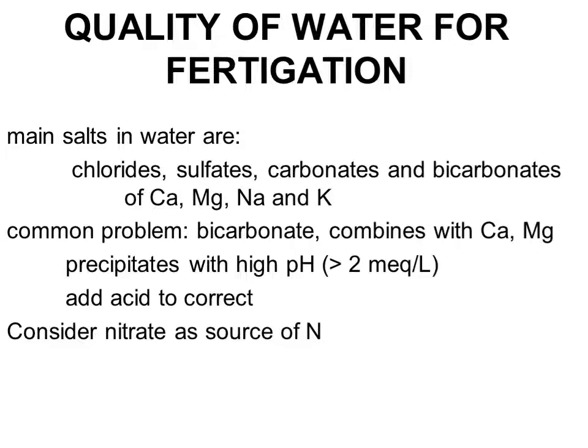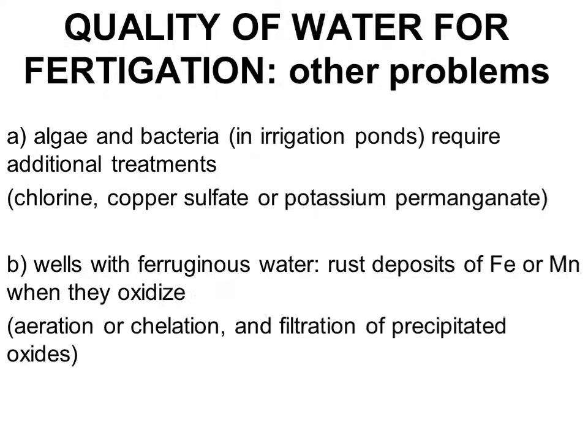Also, it will be interesting to consider nitrate as the main source of nitrogen. We will see later how we can calculate the acid correction depending on the quality of your water.